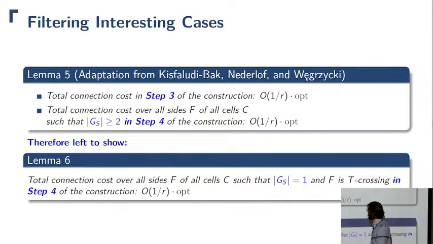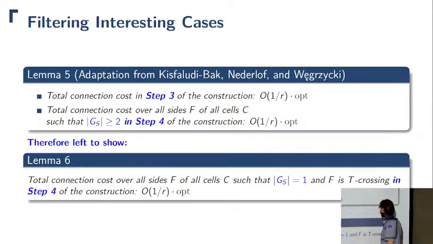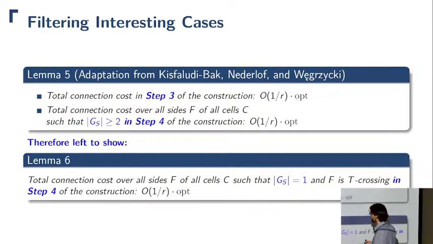So what's left to show is if there is only one crossing. Think of a site which has only a single crossing, then we are good.